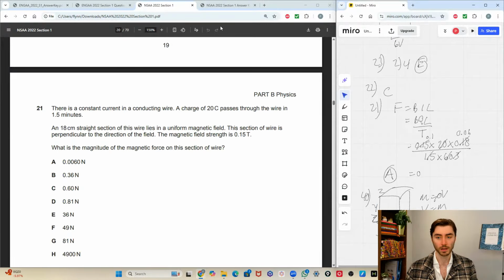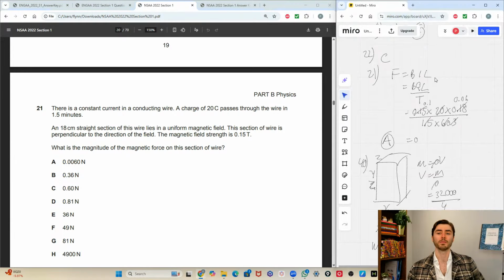21 was A. F equals BIL. This is in the specification. Make sure you go through the specification line by line, because F equals BIL is not one that typically you've been taught in class yet, but it is an application of everything you understand from GCSE physics.